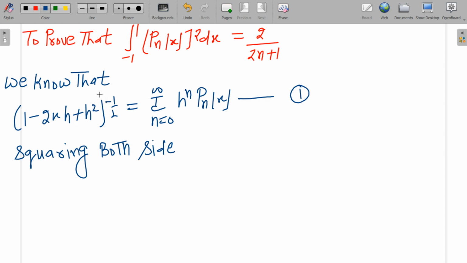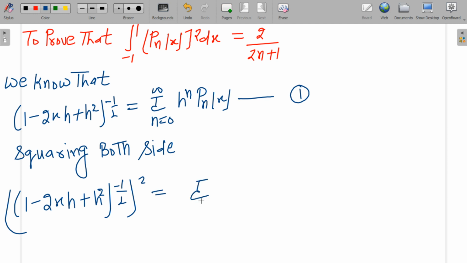If I am squaring both sides, this is equal to (1 - 2xh + h²) to the power -1/2, complete square, is equal to the summation from n = 0 to infinity of h to the power n into Pn(x), complete square.